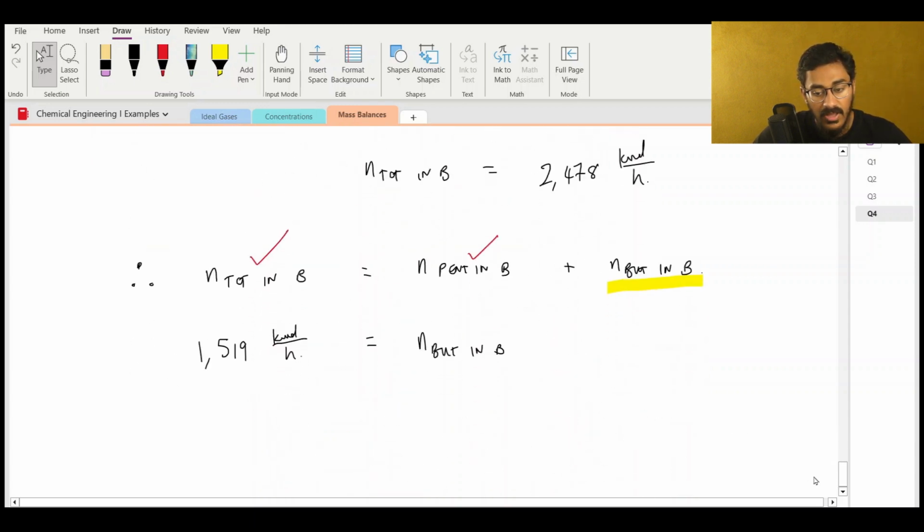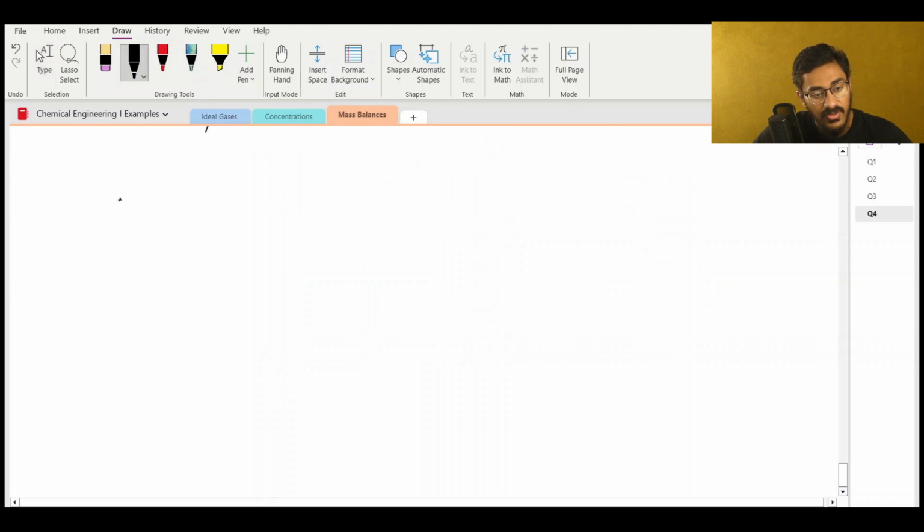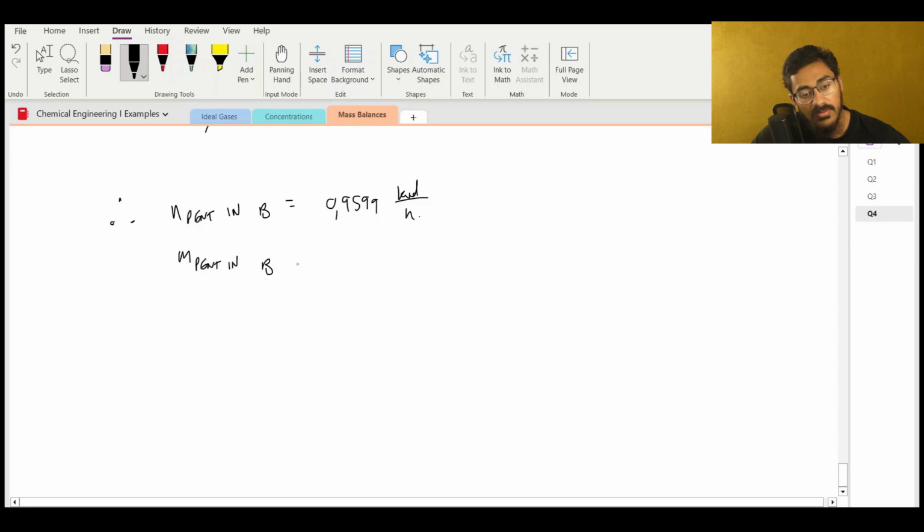So I'm going to put down a final therefore and say the number of moles of pentane in B is equal to 0.9599 kilomoles per hour. And so the mass of pentane in B is equal to the number of moles multiplied by the molar mass. So that's 0.9599 multiplied by the molar mass of pentane.